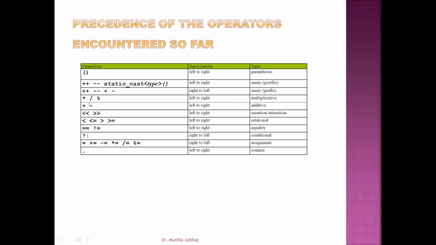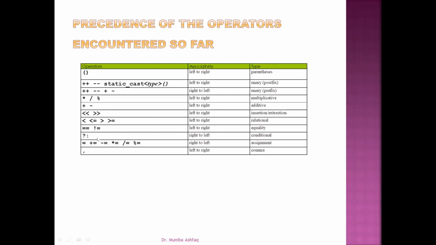unary operators, and then you have multiply, divide, mod. Then the level which is lower than this one is plus, minus. Then you have the stream insertion and extraction operators. After that, we have the relational operators, which are less than or equal, greater than or equal. Then come the equality operators.